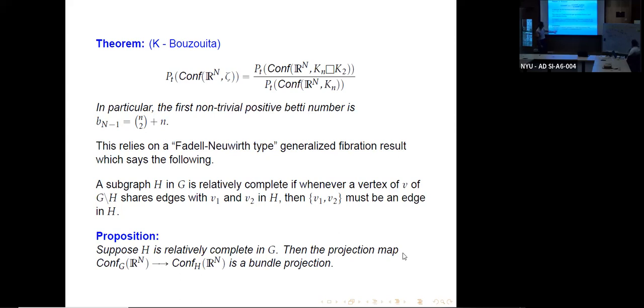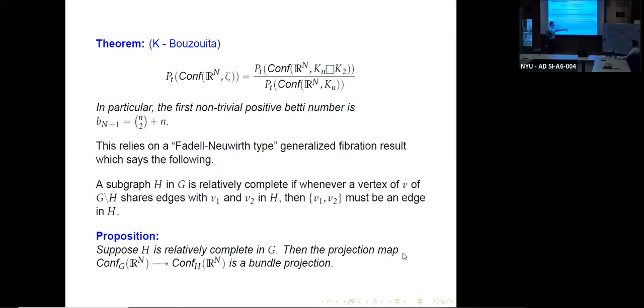And here you have the same thing, but in fact that theorem is a special case of this generalization, which we need in order to build to this theorem, which says that if you have a graph G and you have a smaller subgraph H, you guys have asked this question from the very beginning, right? So I have a map from the configuration space of G, by forgetting the entries corresponding to the vertices not in H, to the configuration space of H. Well, that map would be a bundle if H has a special property.